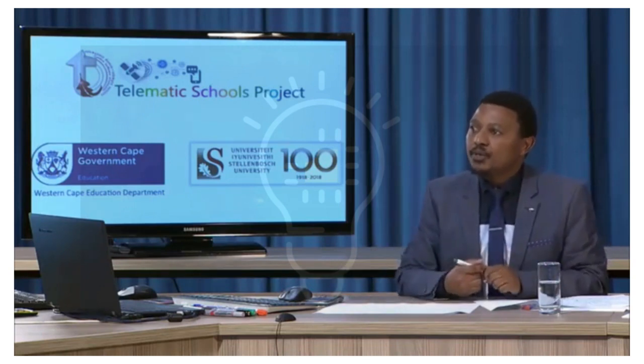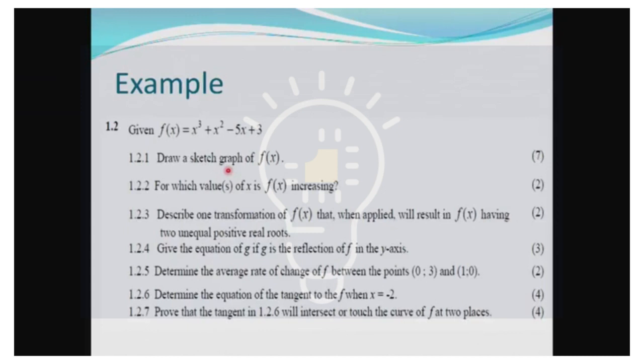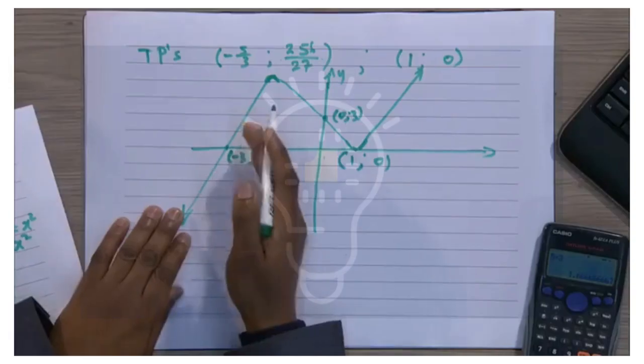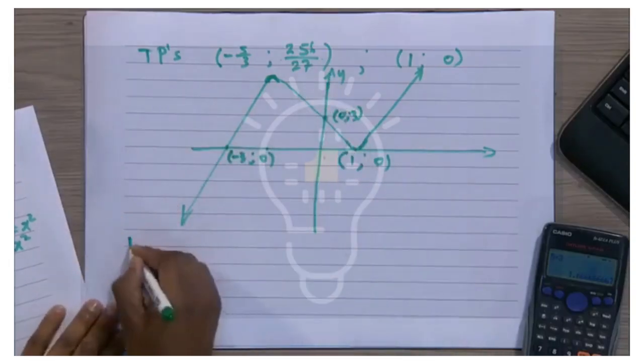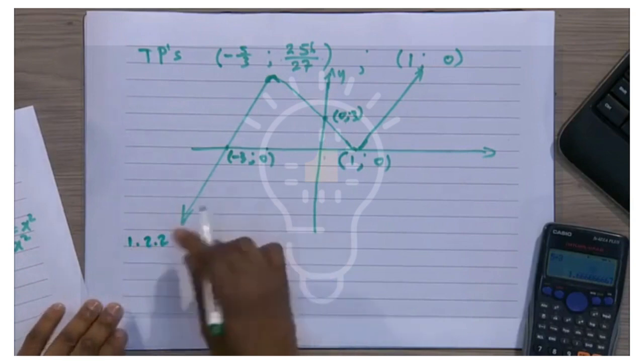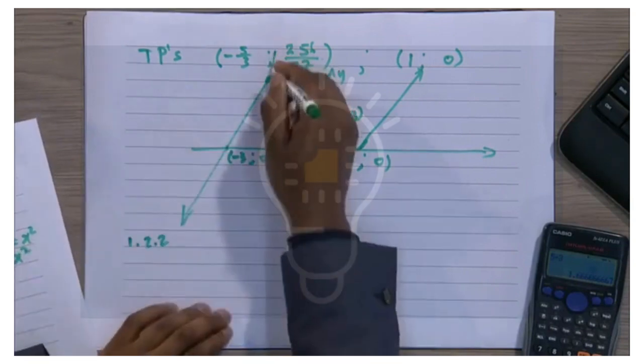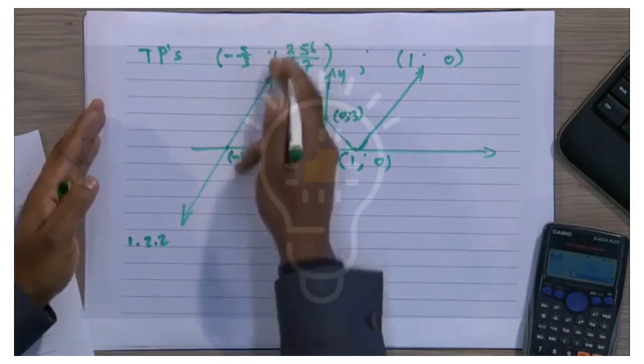Now quickly, 1.2.2. For which value or values of x is f of x increasing? Remember, learners, once we have the graph, it is easier to answer that question. You can see the graph is increasing from minus infinity to the turning point.